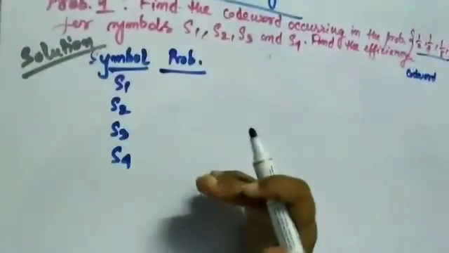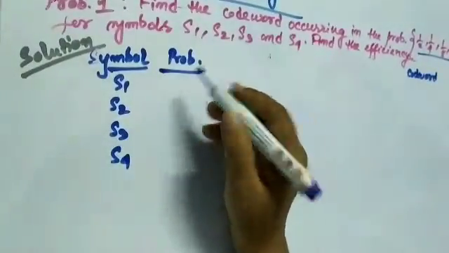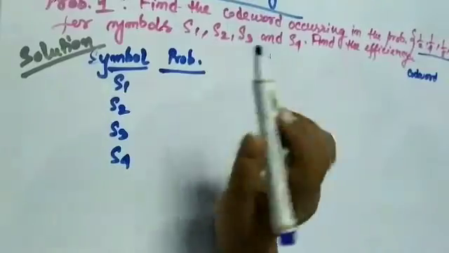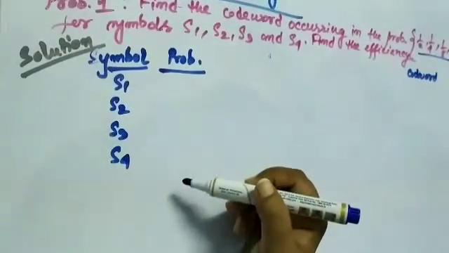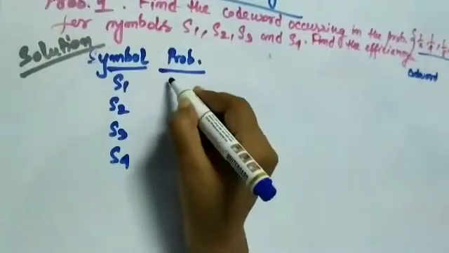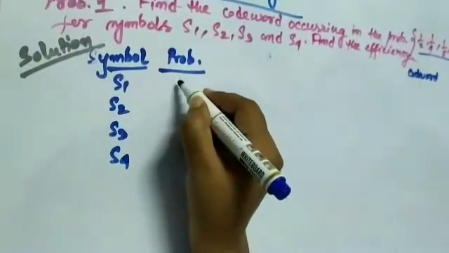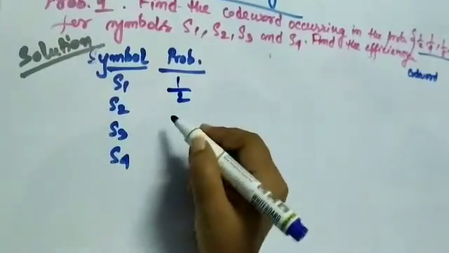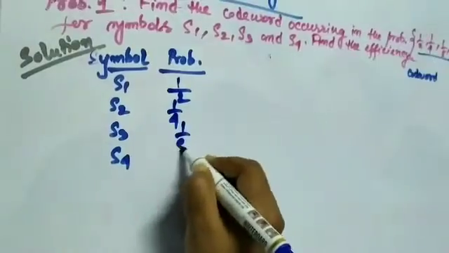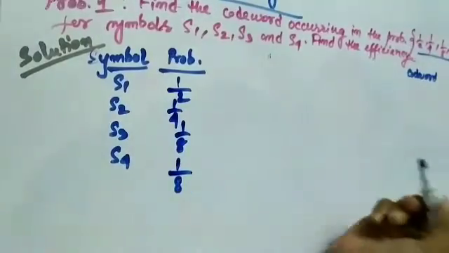The decreasing order means the highest probability will be written in the topmost row and the lowest probability will be written in the last row. So write here first 1 by 2, then 1 by 4, then 1 by 8 and lastly also 1 by 8.